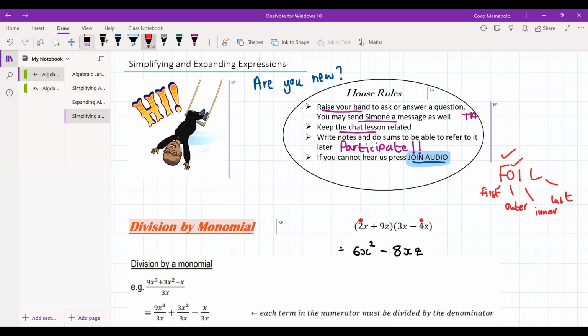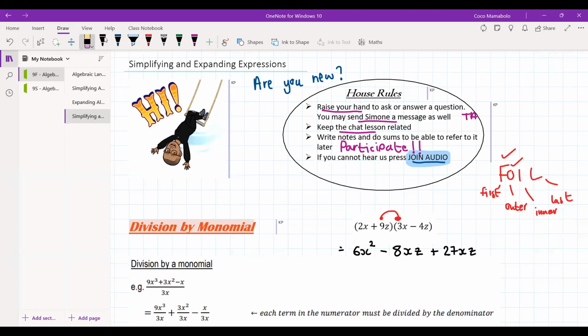Now we need to do inner. Inner means the two terms right in the middle. So the inner terms will be 9z times 3x. Those two. 9z times 3x will give me positive 27xz.